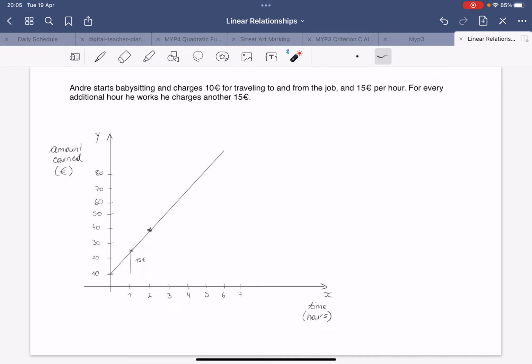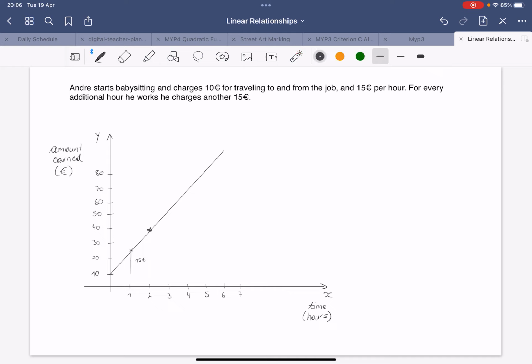Now let's think about that rate of change. What is that rate of change? We can figure out the rate of change using the graph. Because the rate of change is constant, we can take any 2 points on the graph and divide the amount of vertical change by the amount of horizontal change.